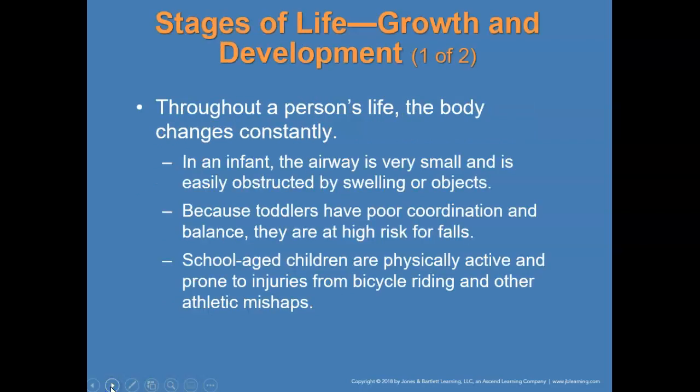Okay, now we're on to stages of life, growth, and development. Throughout a person's life, the body changes constantly. In an infant, the airway is very small and is easily obstructed by swelling or other objects. Because toddlers have poor coordination and balance, they are high risk for falls. School-aged children are physically active and prone to injuries from bicycle riding and other athletic mishaps.